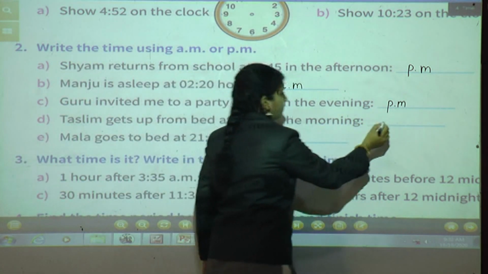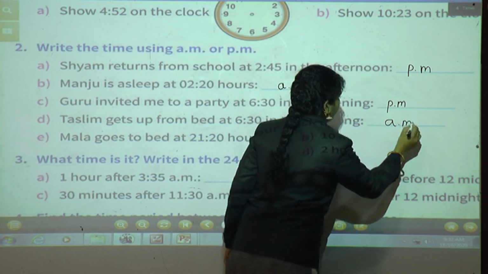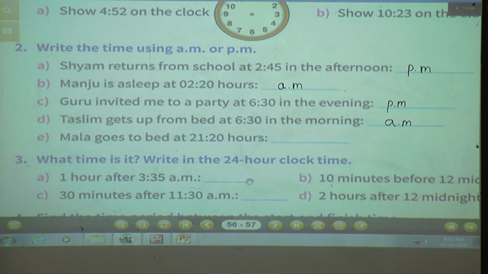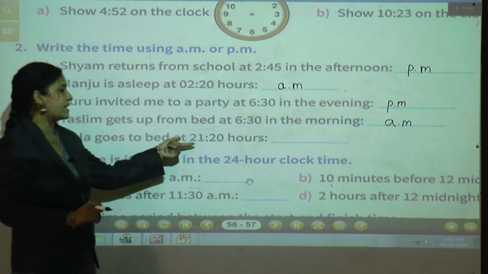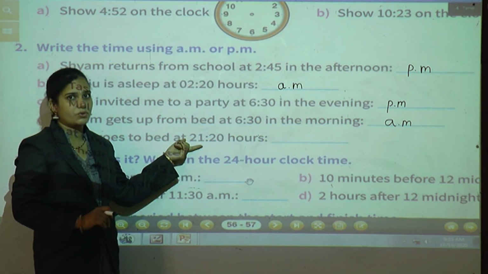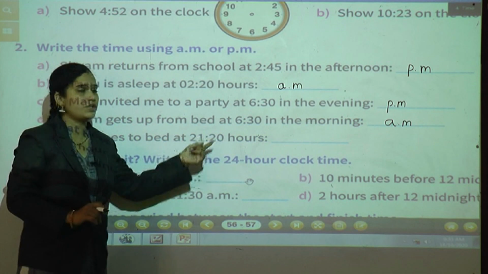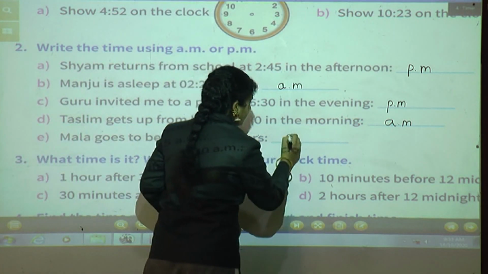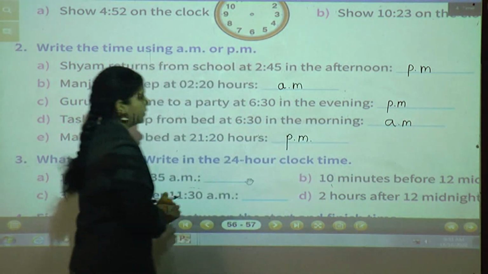Very good. Mala goes to bed at 20 hours. What can we write, students? Here they have given time as per the 24 hour clock. So that's why 21:20. What can we write, students? Yes, PM. Very good.